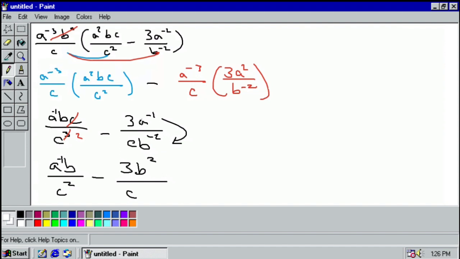Then for the top part we have a, and the exponent will become positive. So that's it for this video. Thanks for watching.